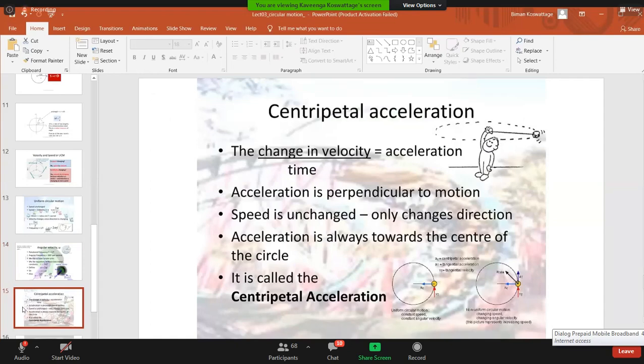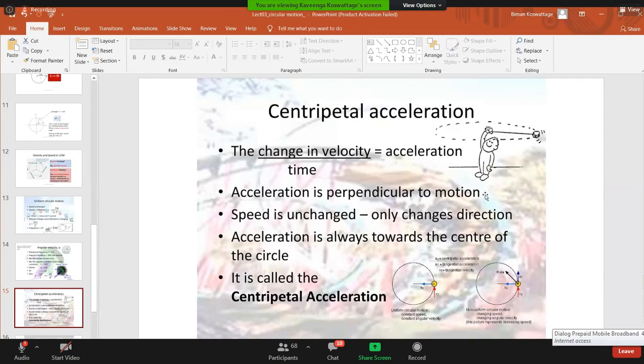And then we have to define the accelerations here. Now we have defined the velocity, angular velocity, and tangential velocity. At the same time we have to define accelerations. Acceleration is the change in velocity by time, right?